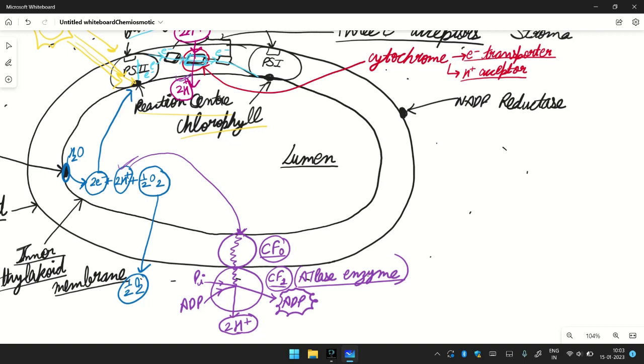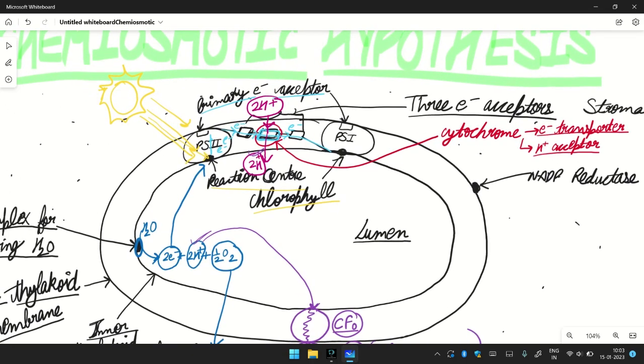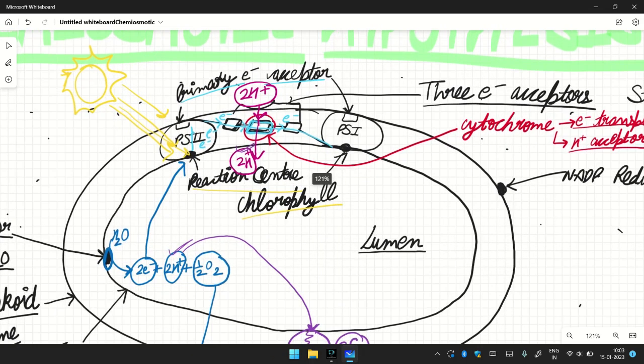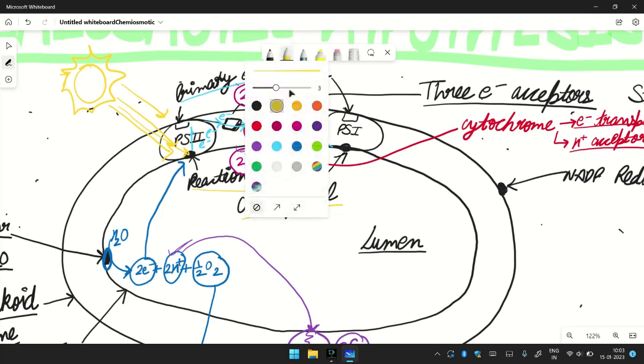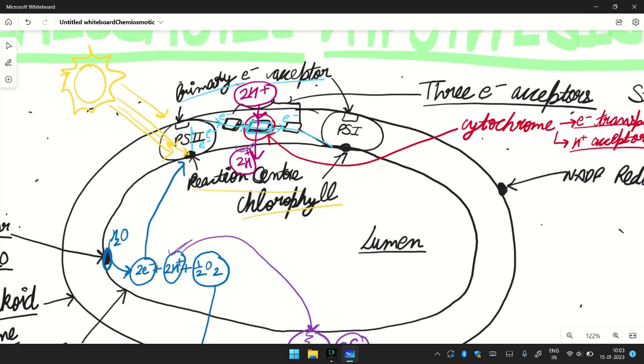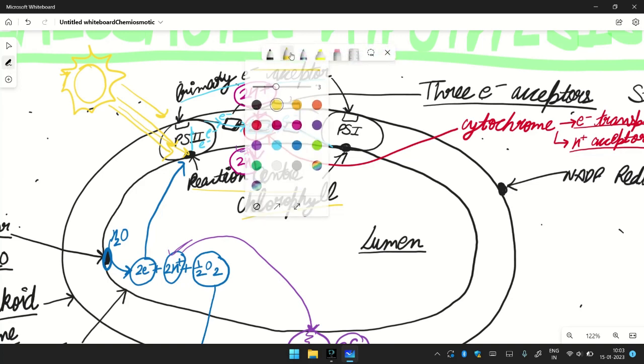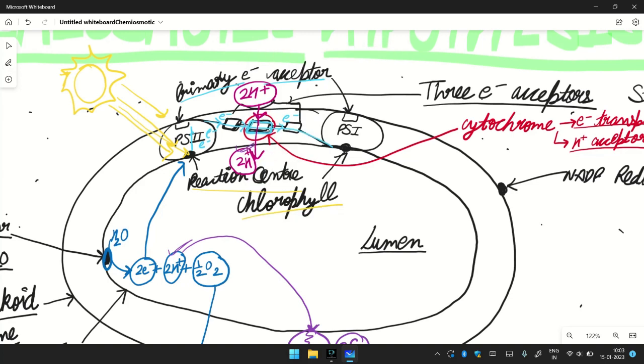The electrons in PS1 also get excited. Now let's go up. So here again our electrons, now electrons have been transferred here.